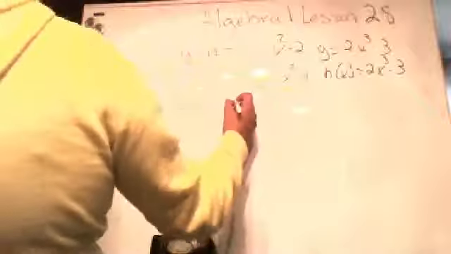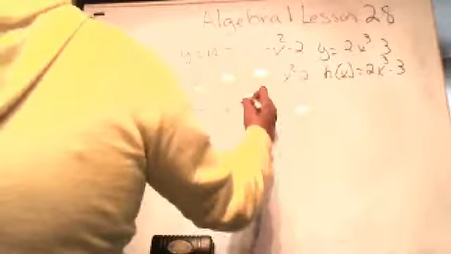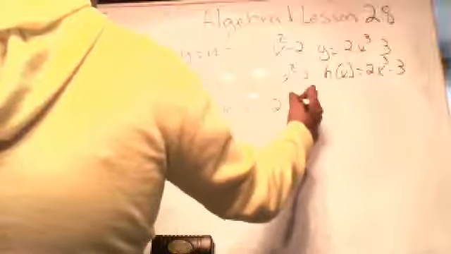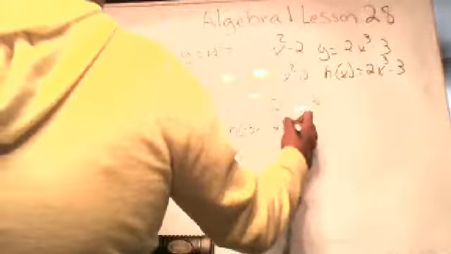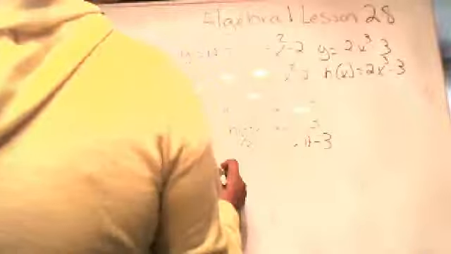I'm going to put in the h of x. So I have h of x equals 2x cubed minus 3. And then I want h of negative 3, which is 2 times negative 3 cubed minus 3. H of negative 3 equals 2 times negative 27 minus 3. And h of negative 3 is equal to negative 57.